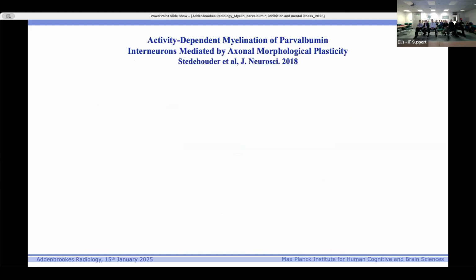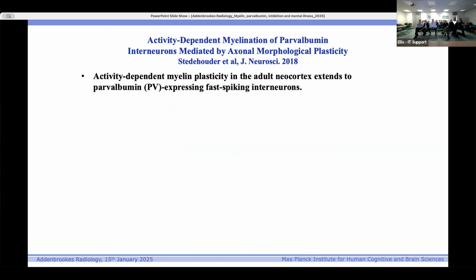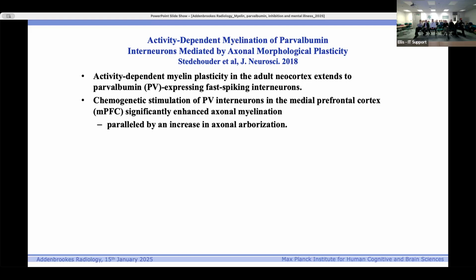So this is another paper by Stedehouder et al., a lab in Rotterdam, I believe. Again, they're looking at what happens to these parvalbumin cells when you drive them.